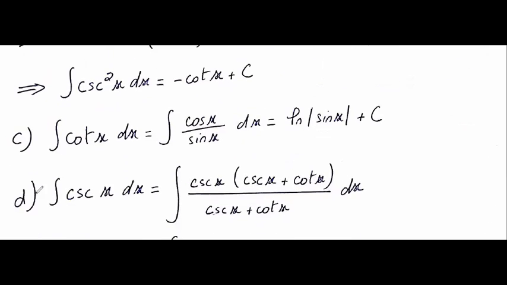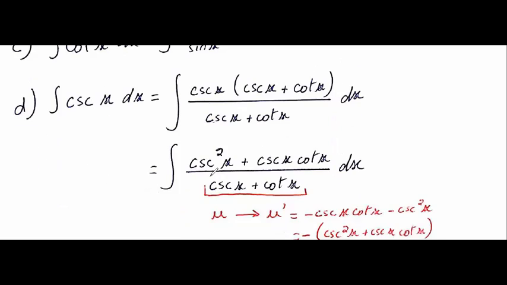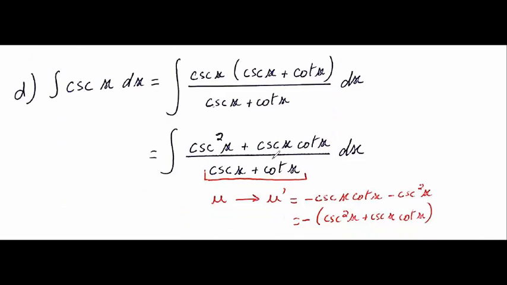For the integral of cosecant x, I multiply the numerator and the denominator by cosecant x plus cotangent x. Then I expand, and I would get cosecant squared plus cosecant cotangent over cosecant plus cotangent. So if this is u, the derivative would be minus cosecant cotangent minus cosecant squared x, which is minus cosecant squared plus cosecant cotangent.